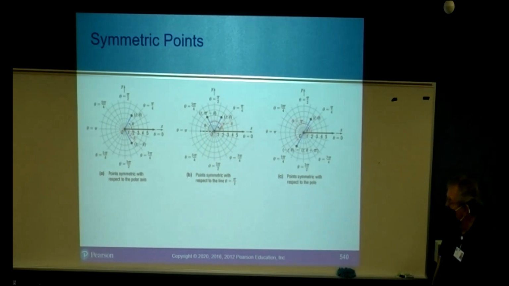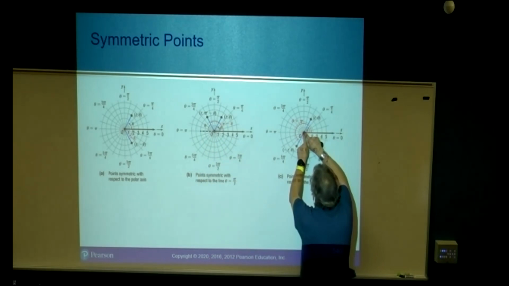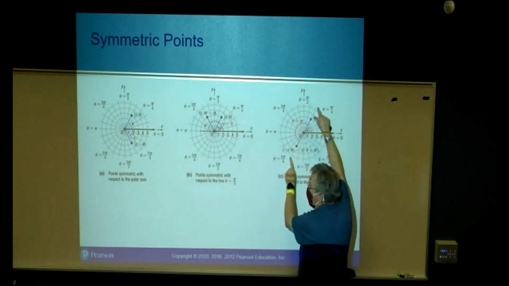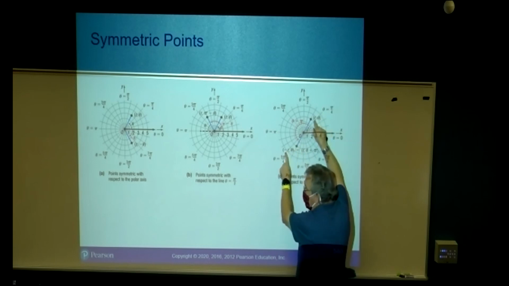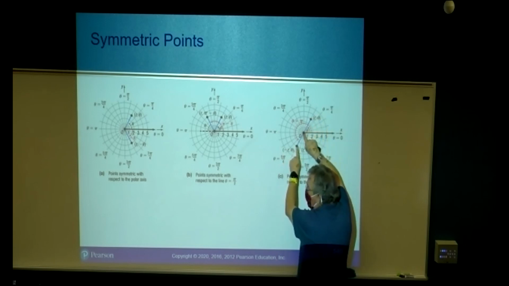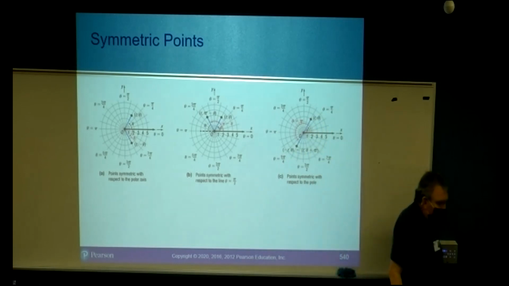And then to be symmetric with respect to the pole, that means the two angles either are going in the opposite directions and r is the same value, or the angle is the same in both points, but the r values are opposites. One positive, the other is negative. So that means they're going to be symmetric with respect to the pole, because they're the same distance r from the pole. They're in the opposite directions of each other.